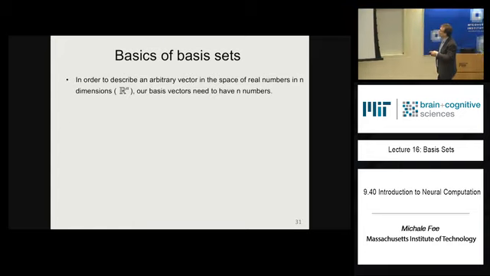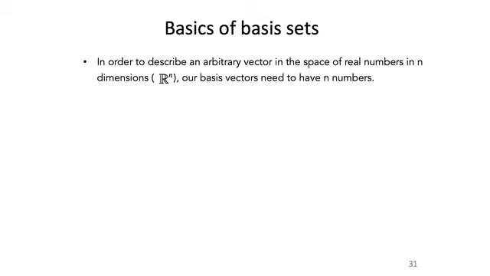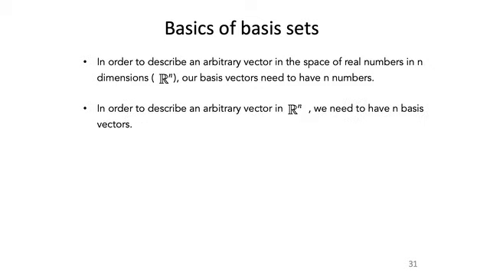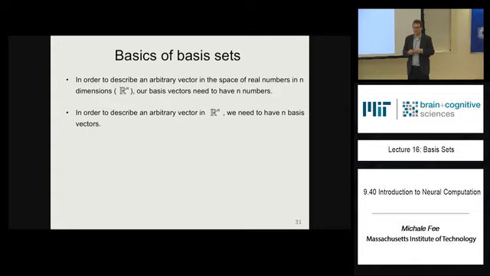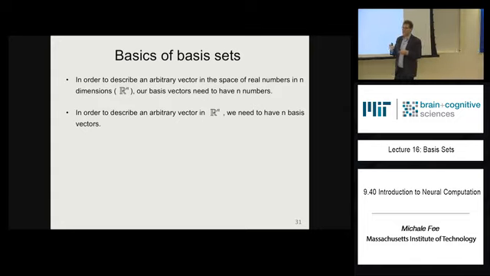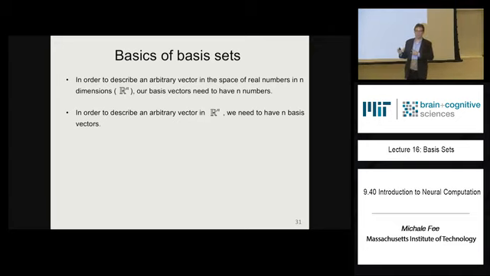All right, so in order to describe an arbitrary vector in a space of n real numbers, Rn, the basis vectors each need to have n numbers. Okay? And in order to describe an arbitrary vector in that space, you need to have n basis vectors. You need to have, in n dimensions, n basis vectors, and each one of those basis vectors has to have n numbers in them.